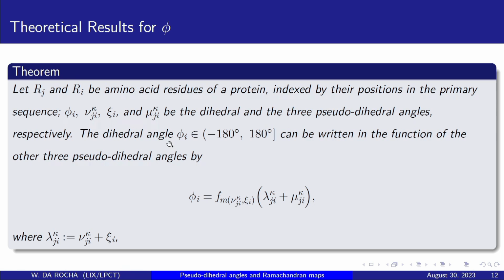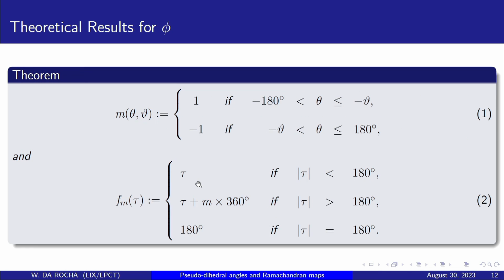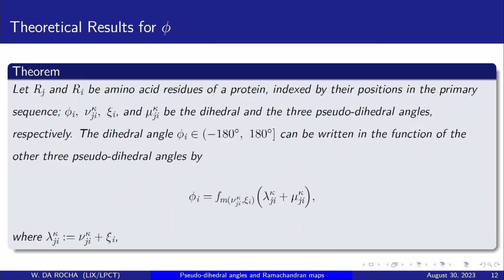As the phi angle is just in the interval between minus 180 and 180, we need to define a way to handle the case where, if we are summing two angles, we can go beyond this interval. This function f will put the angle back into the interval.